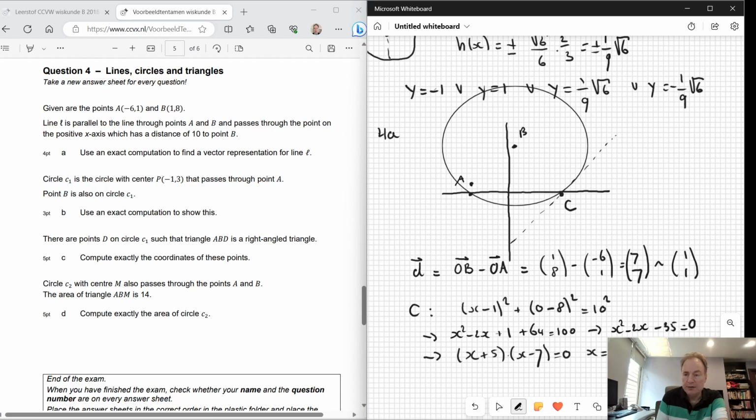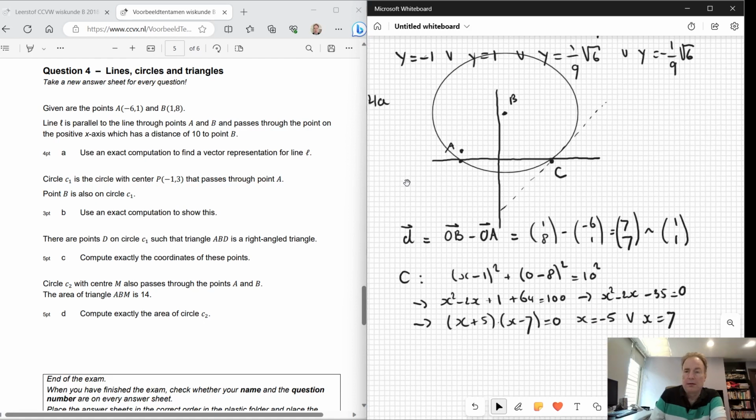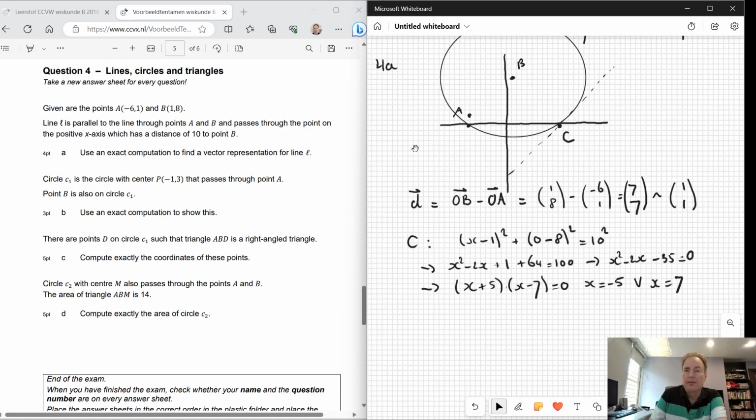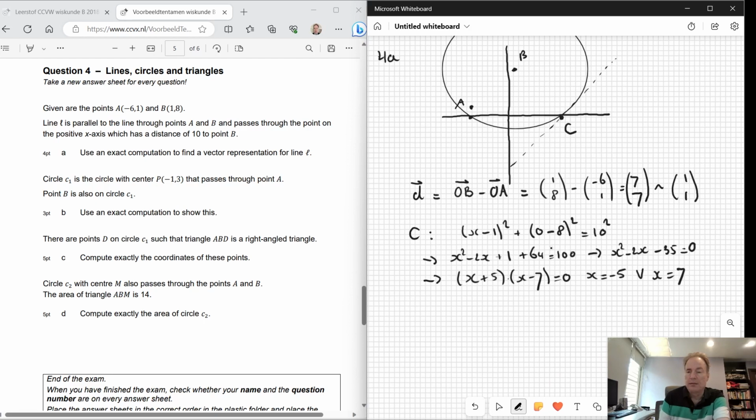So x equals minus 5 or x equals 7. Well, minus 5 is on the negative x-axis, so we know that x has to be 7.